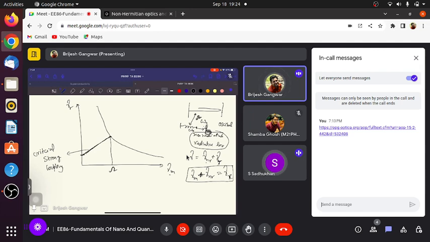And if gamma r is greater than gamma m plus gamma nr, in which region will we come? I think we'll get in the left hand side of the straight line. This one, right? Yes, this region.